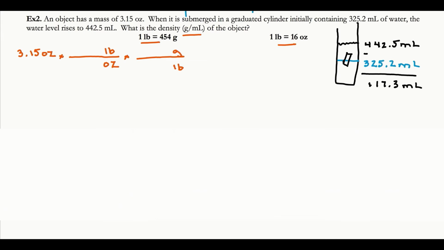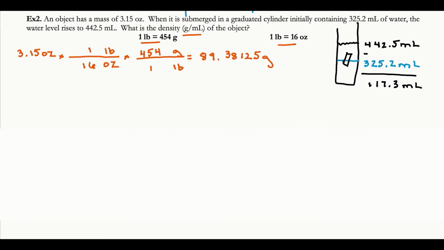One pound has 16 ounces. One pound has 454 grams. So I'm going to take 3.15, divide by 16, and then multiply by 454. And what I end up getting is 89.38125. Now notice I'm not rounding this value.